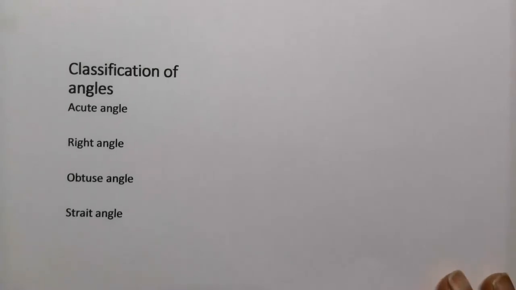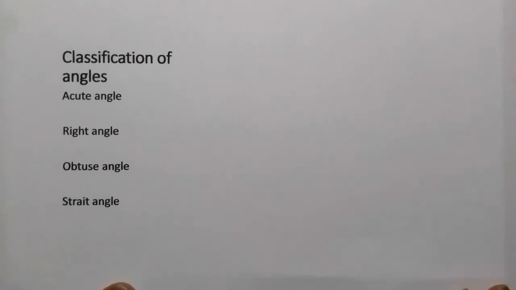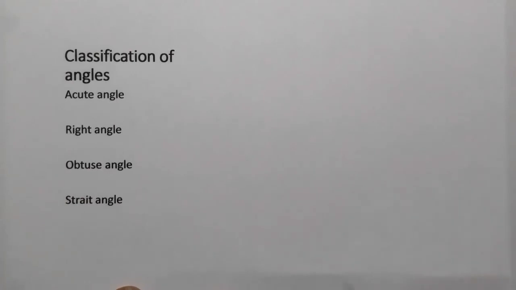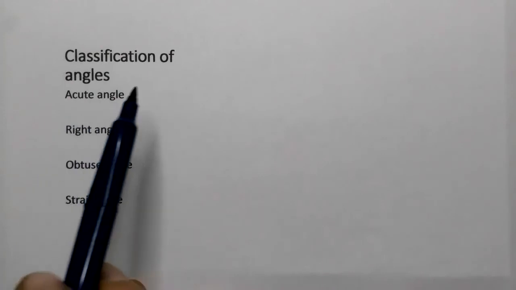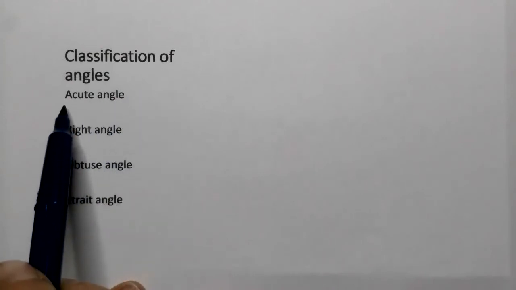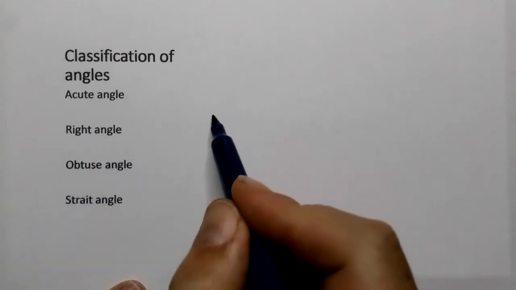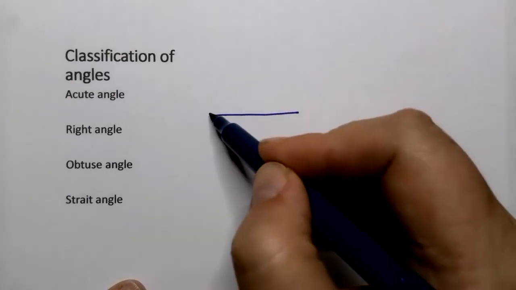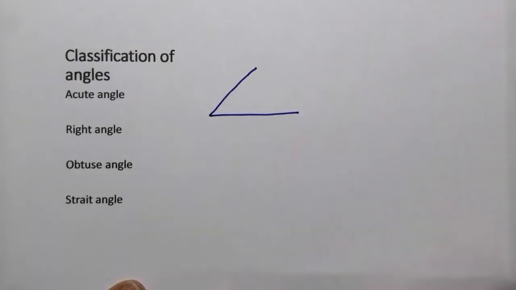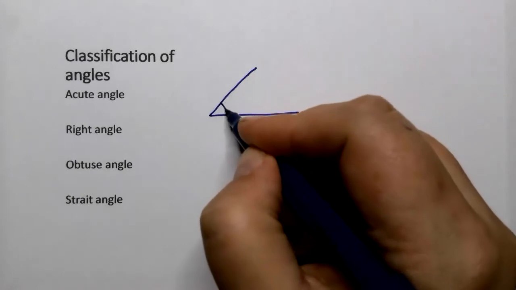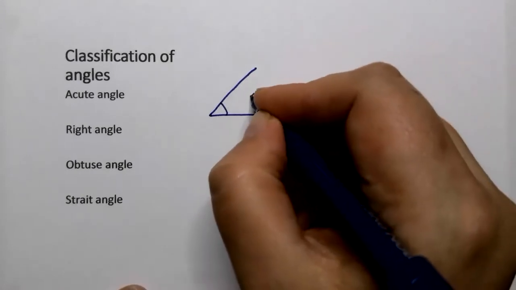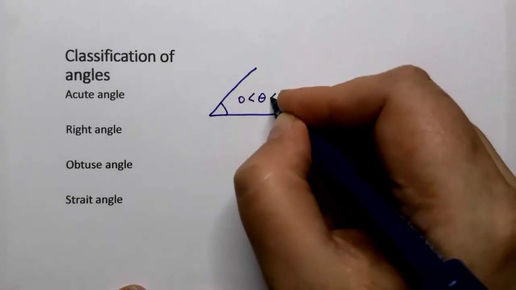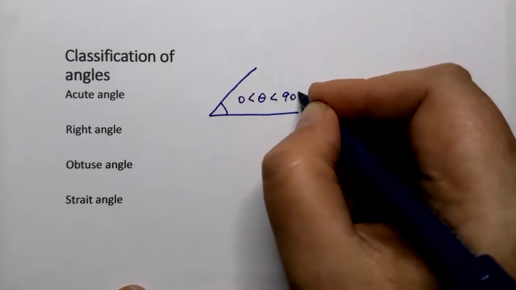Here, I also wanted to remind you of some of the terminology that you probably learned earlier in your geometry class. An acute angle is an angle that's less than 90 degrees. So for the acute angle, its measure is going to be between 0 and 90.